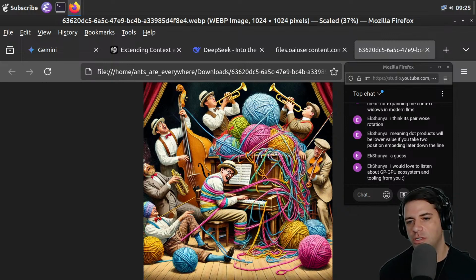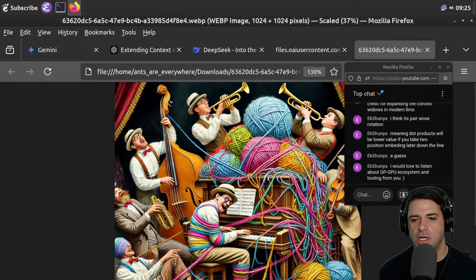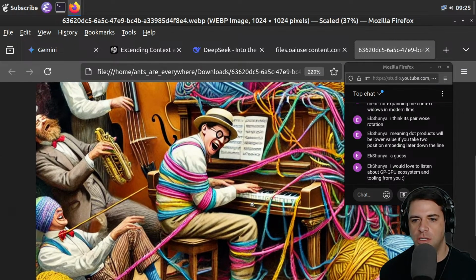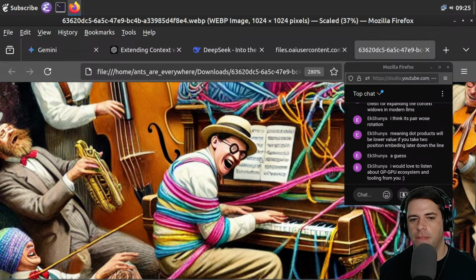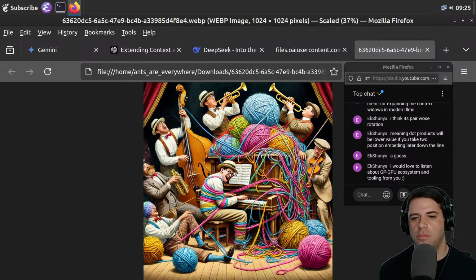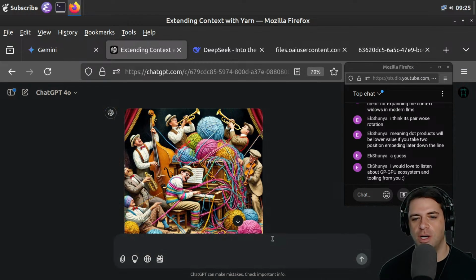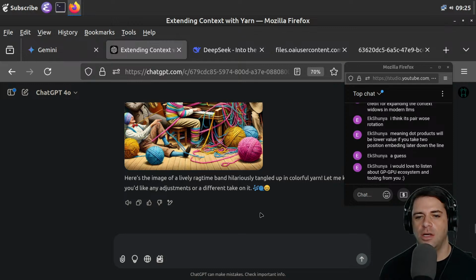This is a good image. I think the AIs are getting much better at drawing images than they used to. I mean, the music, you obviously can't see it because it's so blurry, but that text would not have looked anything close to music notes maybe a year ago.